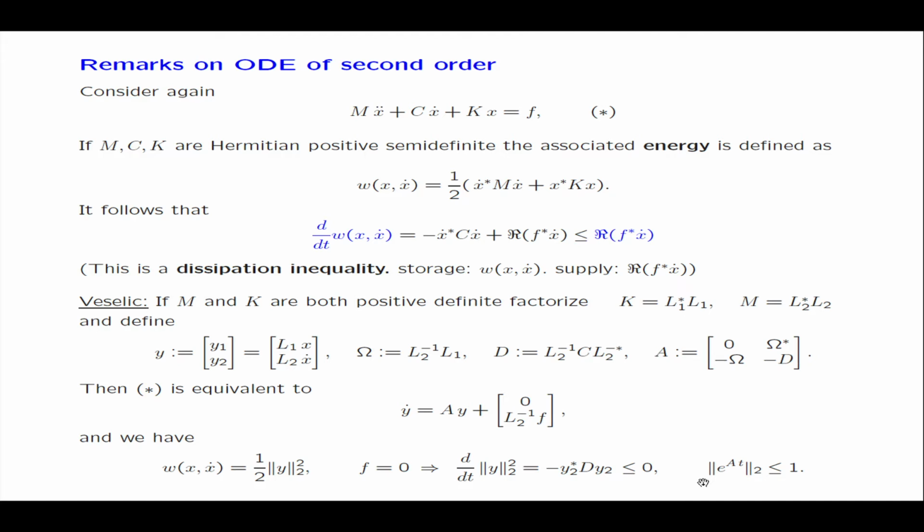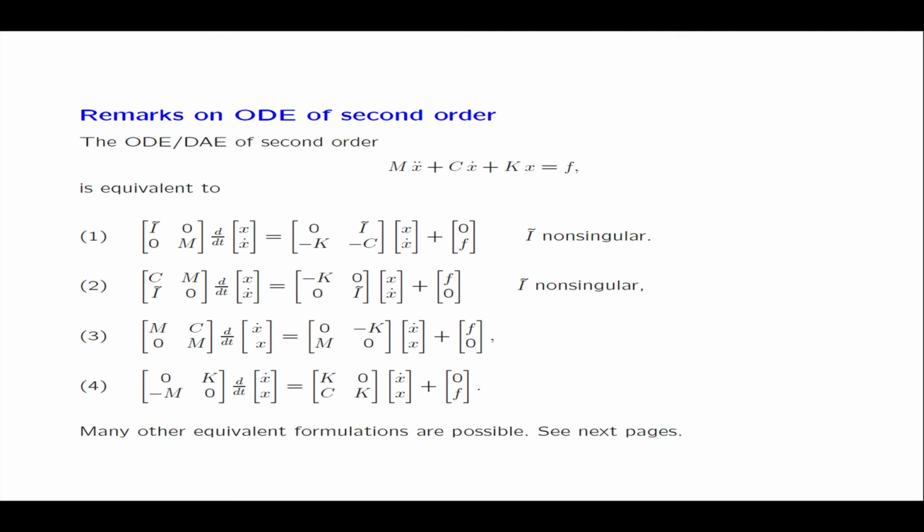Since the Y vector is given by the Y vector at the initial time times the matrix exponential, you also have that the matrix exponential is decreasing. This is just to show you that there are many possibilities to transform such a polynomial differential equation into one of first order.